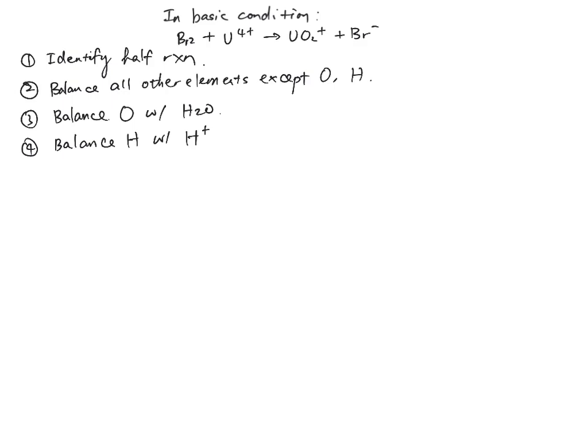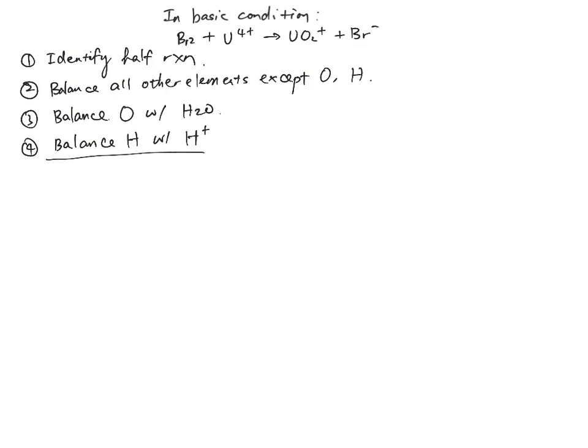All right, so the first 3 are easy to understand. Those 3 steps, getting your half reactions, balancing everybody else, and even balancing oxygen with water, you can imagine they're the same regardless of acidic or basic condition, because none of those steps and none of those half reactions that we have really shows anything related to acidic or basic condition.